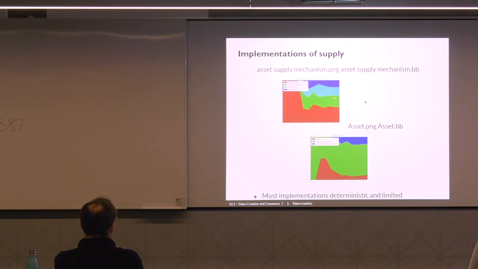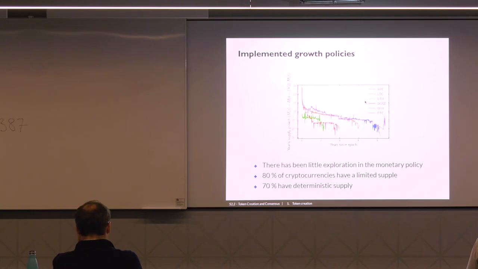What you see is that most of the cryptocurrencies that exist have either a limited deterministic monetary supply or they are premined, or they are in some way deterministic. So the level of exploration that has been experienced inside of the system, that has been deployed so far inside of these systems, is very little.